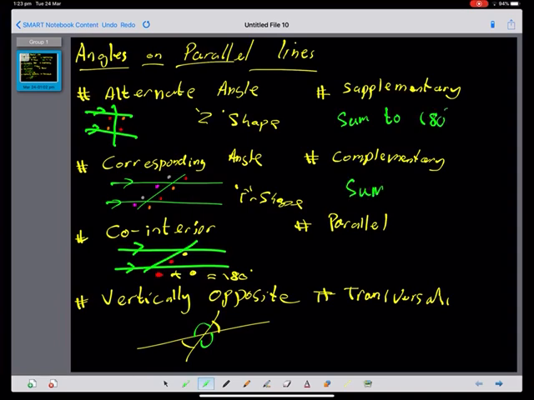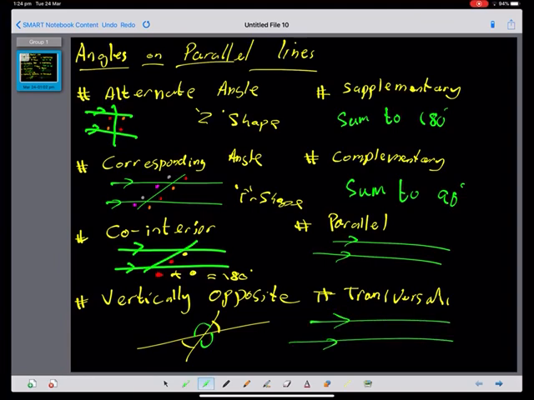Complementary, sum to 90. Parallel means that the lines do not meet in Euclidean geometry or on a Cartesian plane. And transversal is simply the line that cuts parallel lines. Okay, so hopefully you're more familiar with angles on parallel lines.